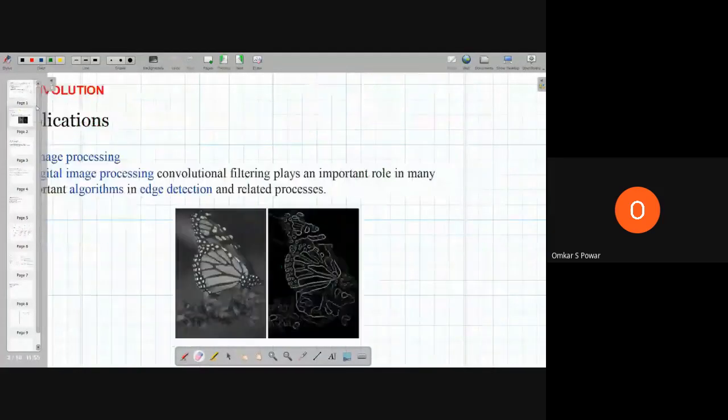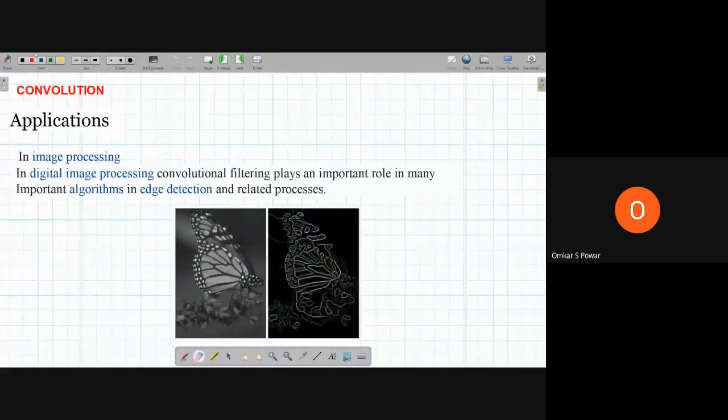So I do not want you to rush into this subject called convolution. Let me explain by giving a practical example where we use this convolution. Why do we need this convolution? Basically, convolution is just an operation like addition, multiplication, subtraction, division.